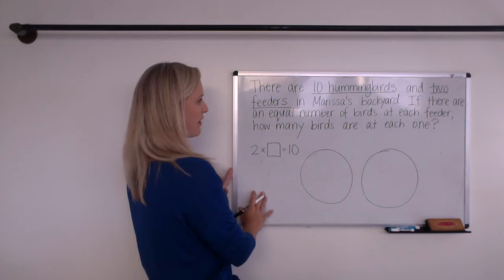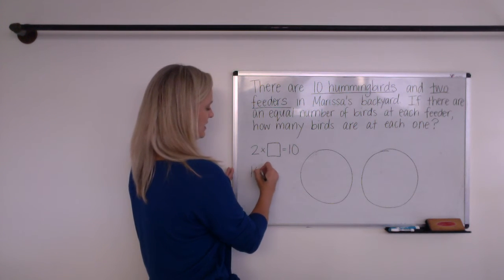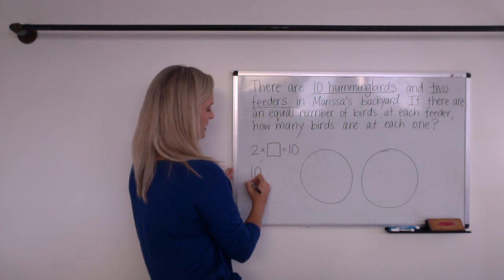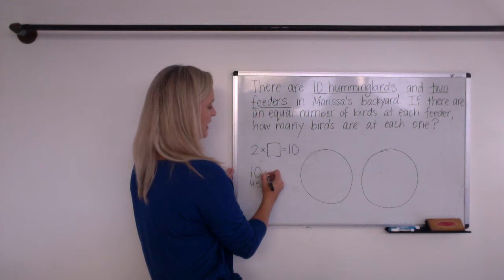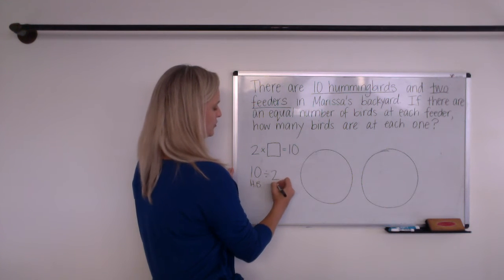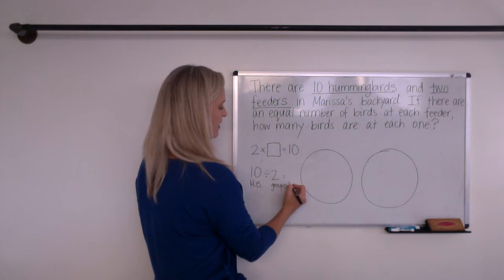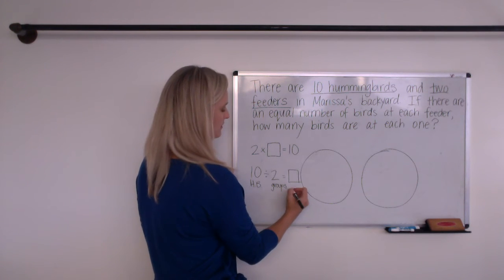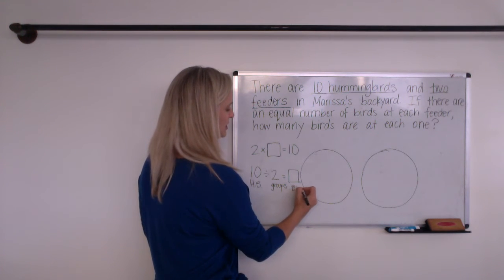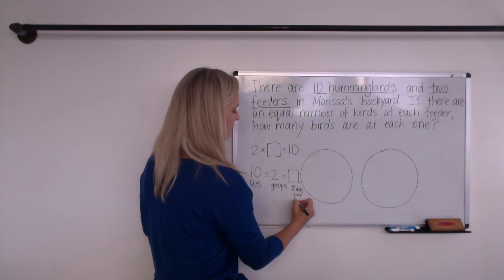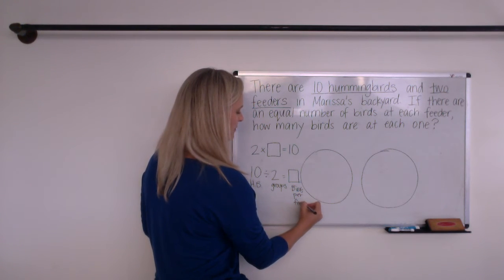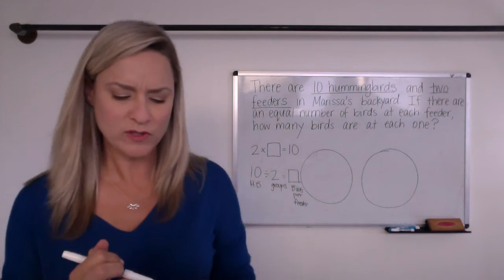Or maybe you thought about it as 10 hummingbirds, so I'm going to put HB divided by 2 groups equals how many birds per group? Or birds per feeder. Maybe you're thinking about it like that. So let's check it out.